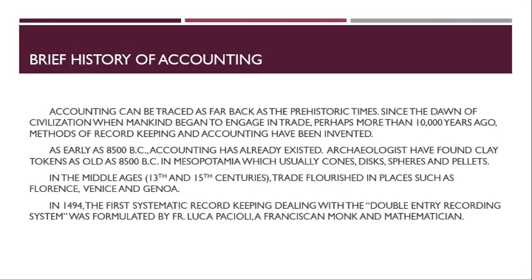Identifying, so we need to identify the accountable or non-accountable events. And then recording, or the process of journalizing. Third is communicating, or making the financial reports and submitting them to the interested users. When we say users, we're going to discuss that in the next lesson. And what are the three types of information provided by accounting? Quantitative, qualitative, and financial information.